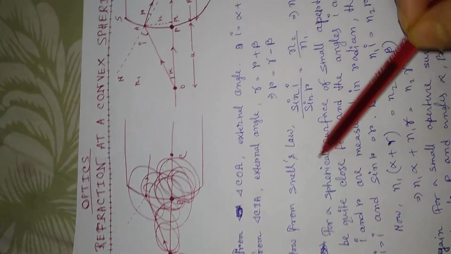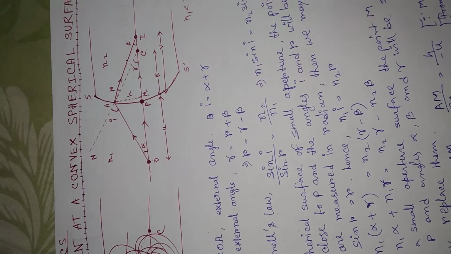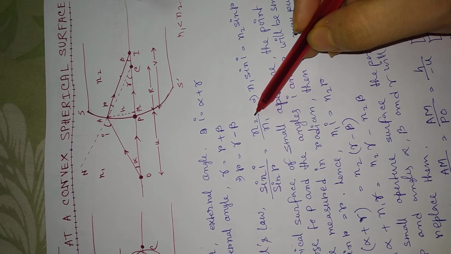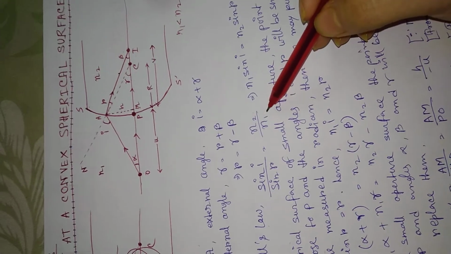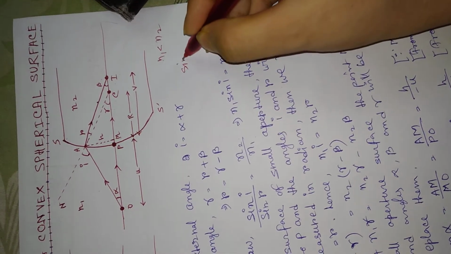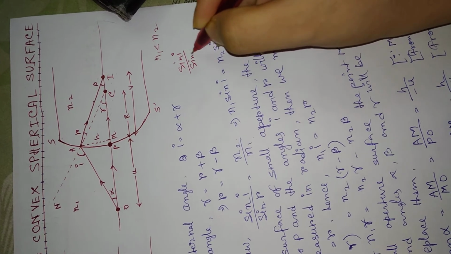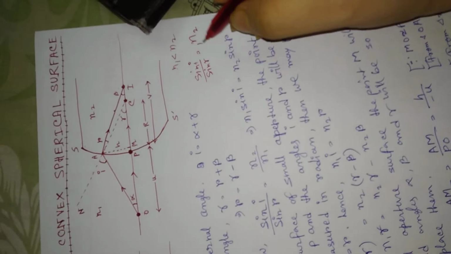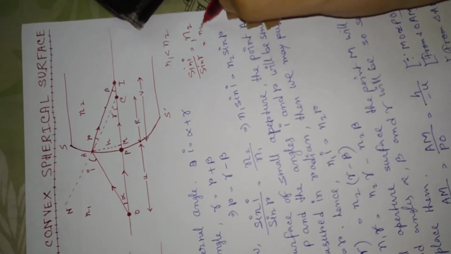So from Snell's law, sin i by sin r equals n21, and n21 equals n2 by n1.